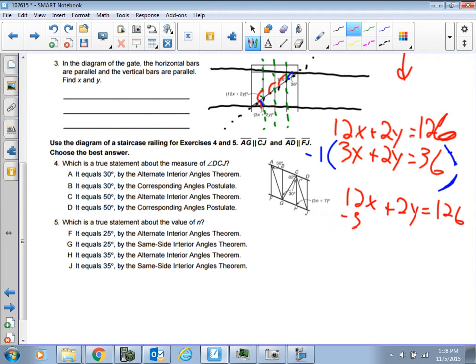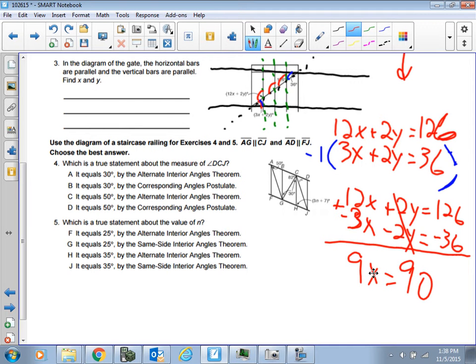The bottom one will be -3x minus 2y is equal to -36. Now we're going to add these together. Again, this is called elimination. The y terms cancel out. This is going to be 9x is equal to 90. This is 126 plus -36, which gives us 90.